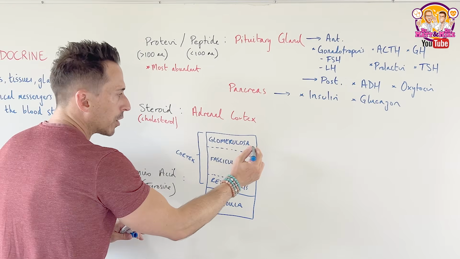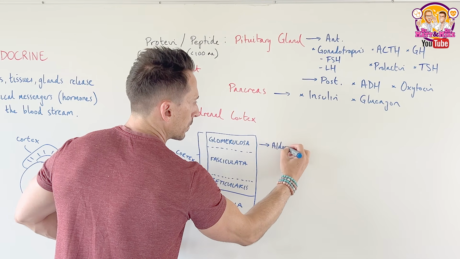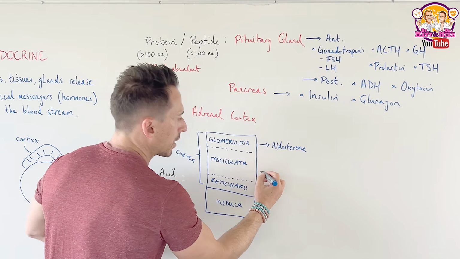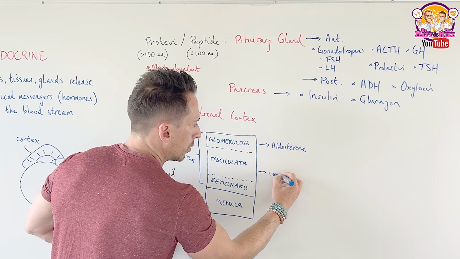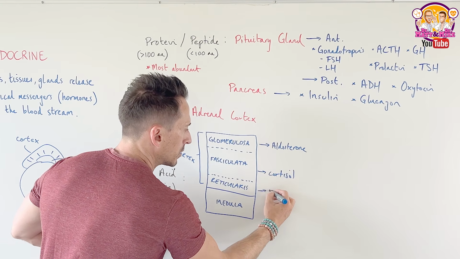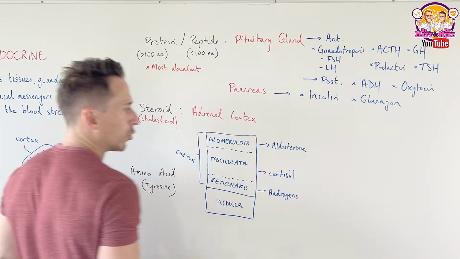So the glomerulosa produces a hormone called aldosterone. The fasciculata produces a hormone called cortisol. And the reticularis produces androgens, which are male sex hormones.